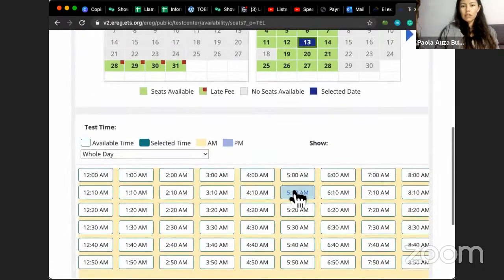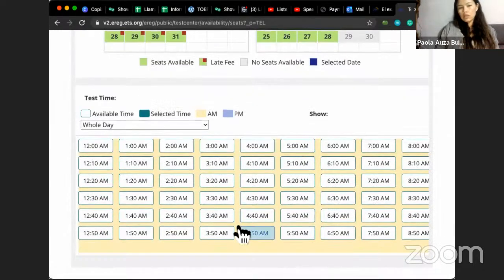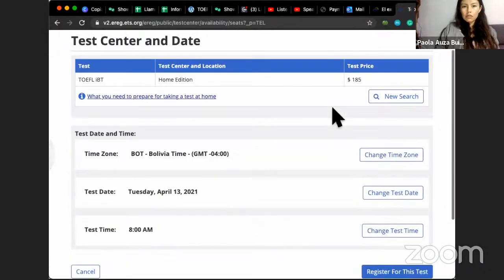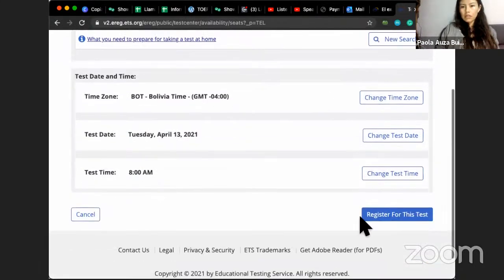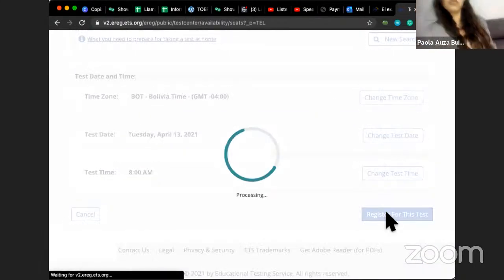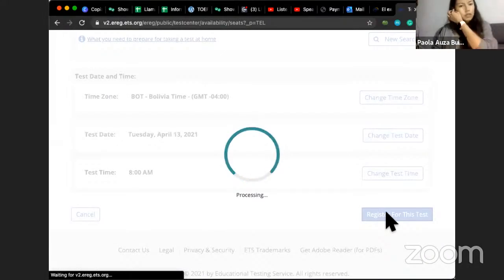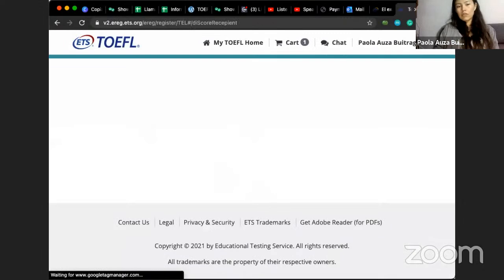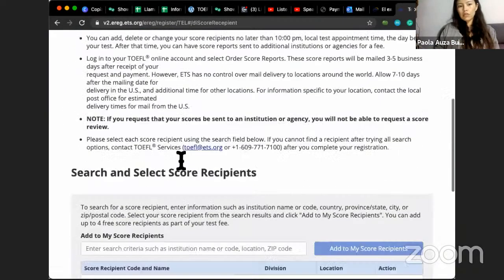Escogemos y ahí escogemos, miren las horas, es mucho más amplio. Podemos escoger 8 a.m. Nos da ahí el detalle del precio y básicamente nos registramos. Como han visto, es mucho más amplio el Home Edition y los pasos son los mismos para continuar.